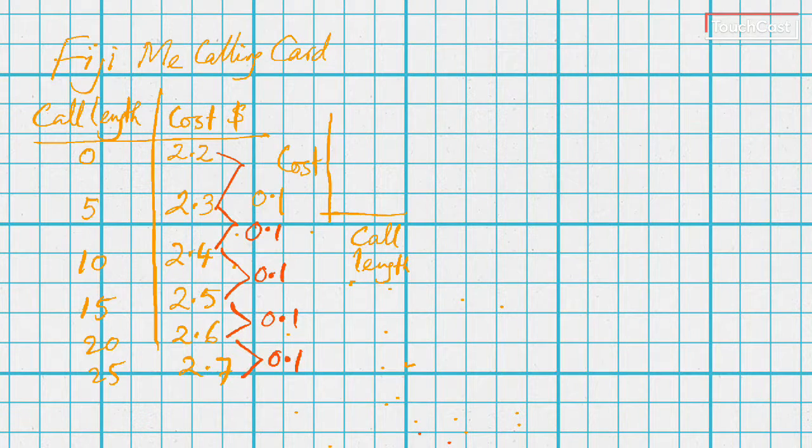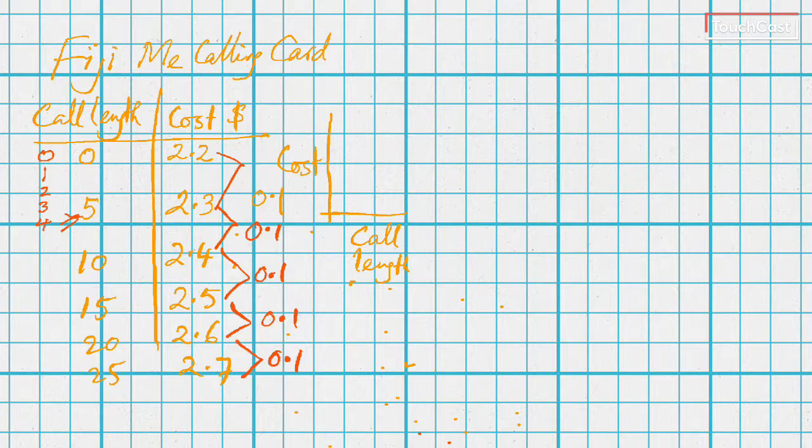Now, it's more than likely people will get confused, as if it's going up by 0.1 or 10 cents. But if you think about it, if you call 1 minute, 2 minutes, 3 minutes, 4 minutes, that's the fifth minute.